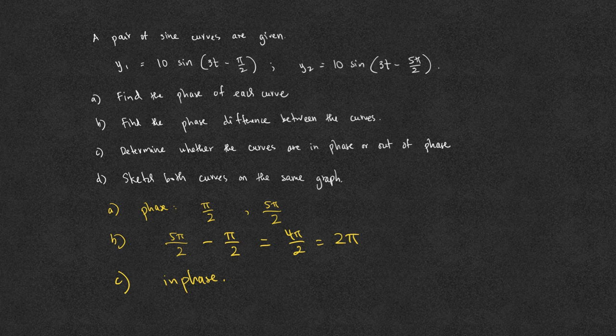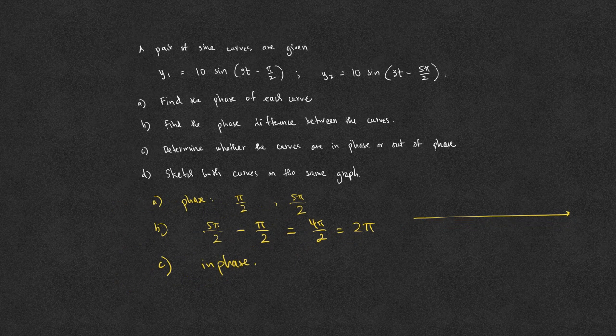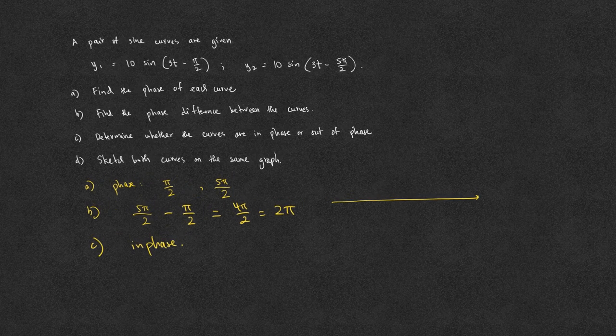And so we only need to graph one curve, because if the two curves are in phase, then their graphs coincide. To graph the two curves, which is only one curve here, we would factor out the 3 so that we know what the horizontal shift is. y equals 10 sine of 3, and then factor out 3, we get t minus pi over 6.